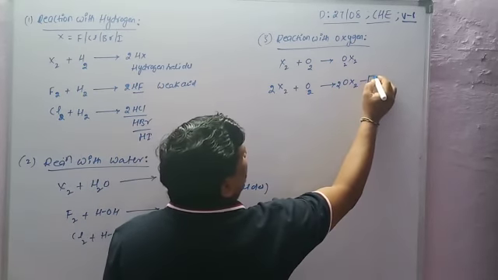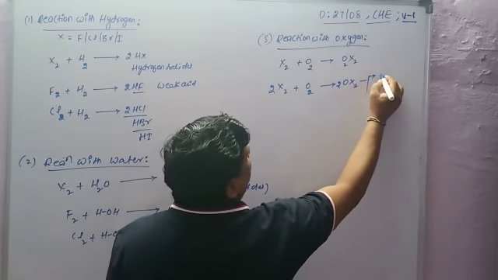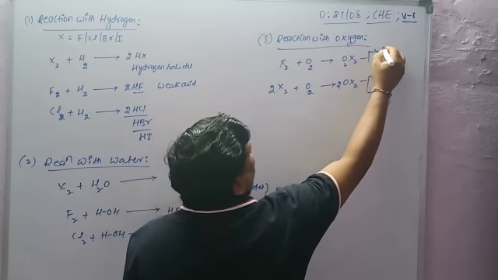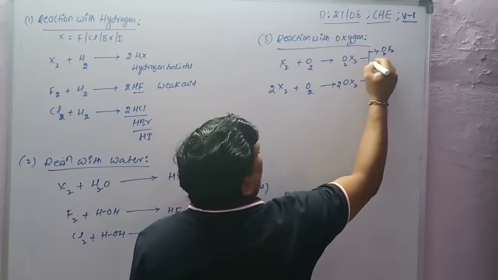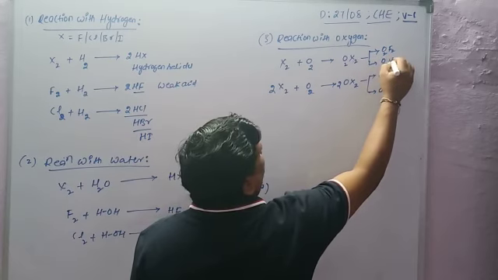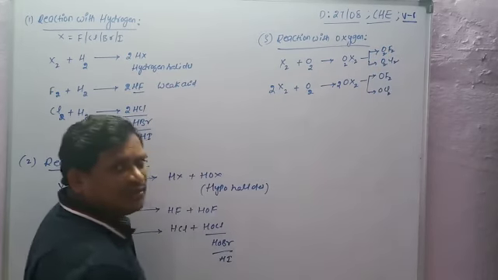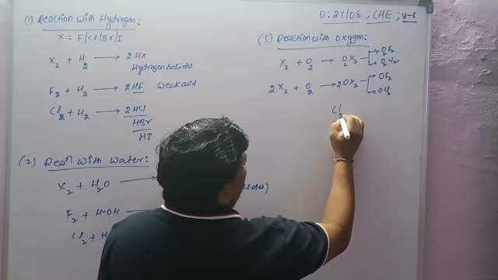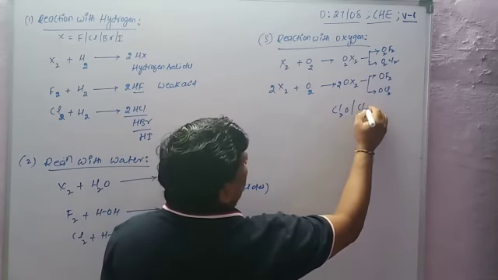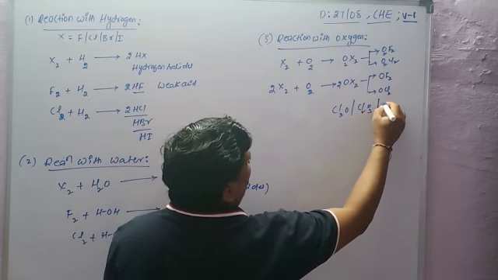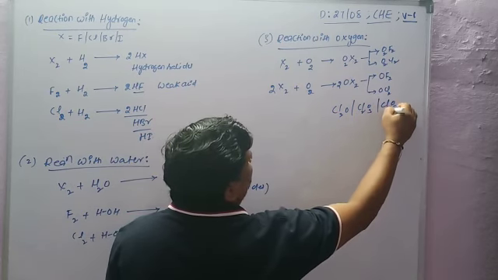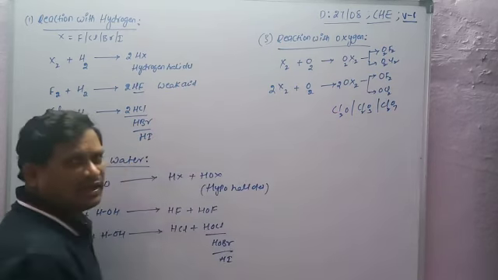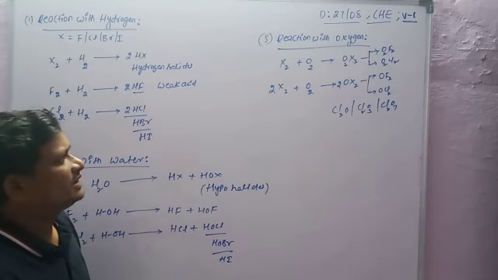Simply, OX2 type halides, mainly OF2, like OCl2, and O2F2, O2Cl2. Similarly Cl2O, Cl2O3, Cl2O7. These are the oxides.